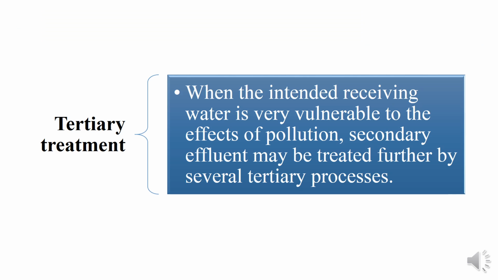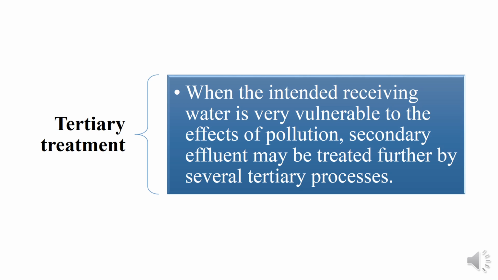Tertiary treatment. When the intended receiving water is very vulnerable to the effluents or to the effects of pollution, secondary effluent may be treated further by several tertiary processes. So sometimes this mechanism is not required. Sometimes after secondary treatment, the water is directly drained into the water bodies.